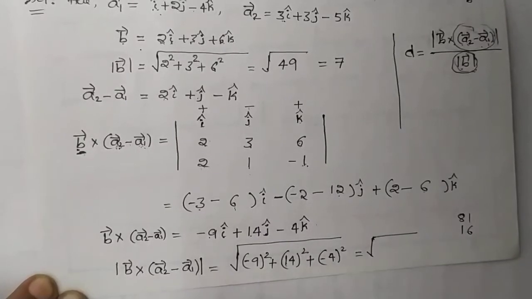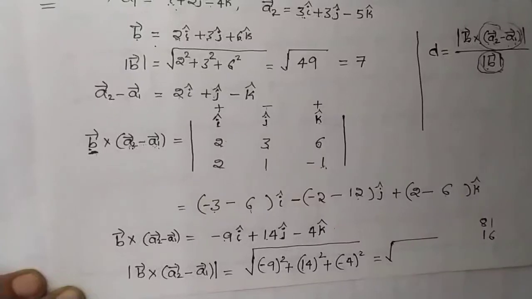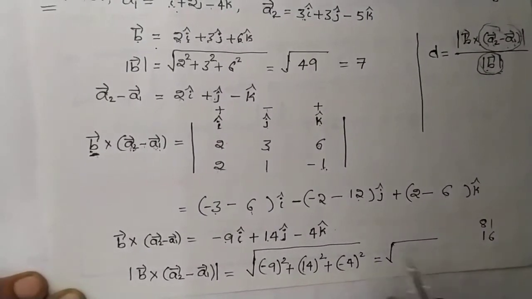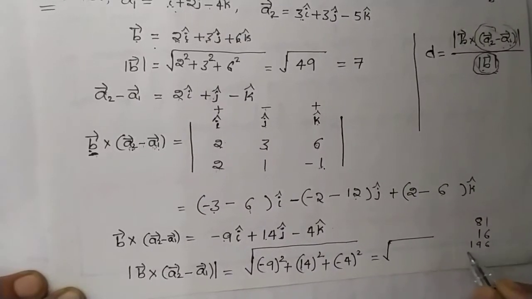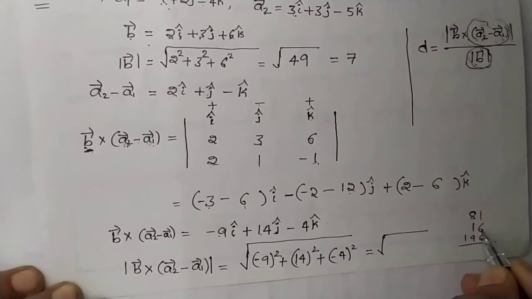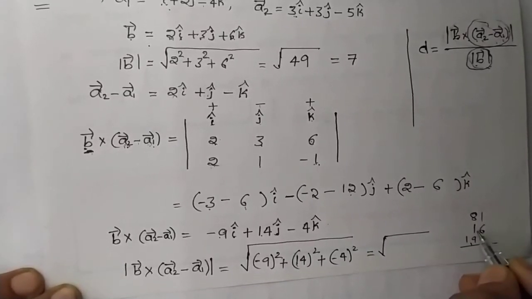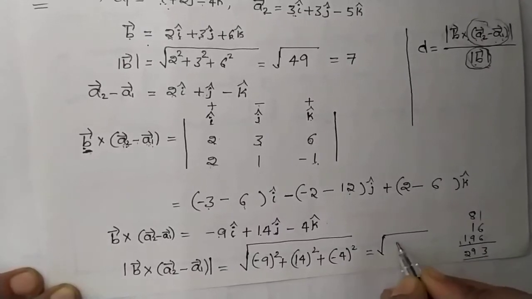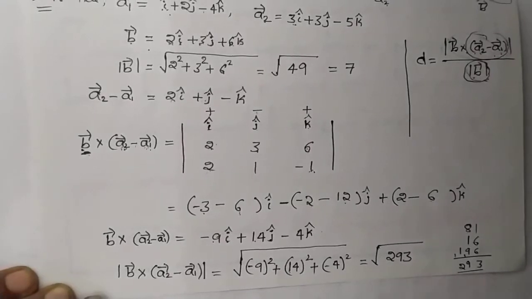Next, 14 whole square is how much? 196. 14 whole square is 196. Then 81 plus 196 plus 16, that is 293. Square root of 293. Right?